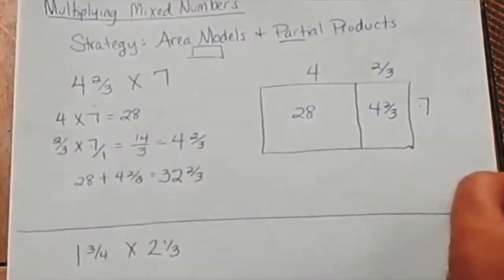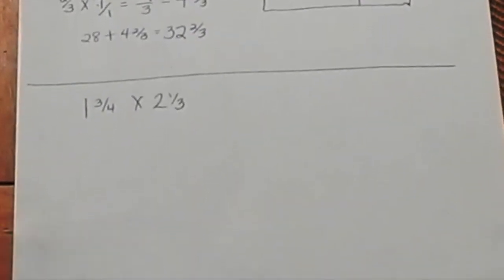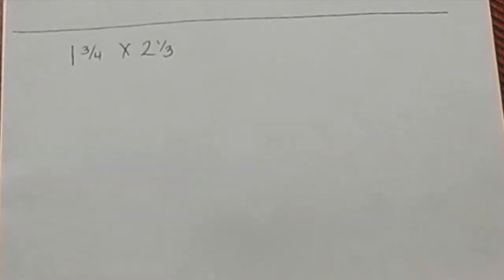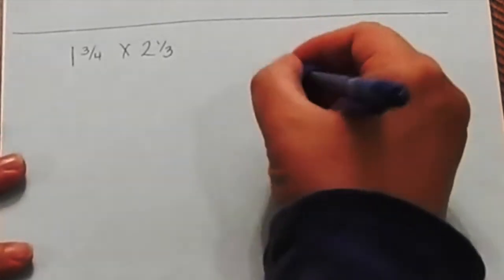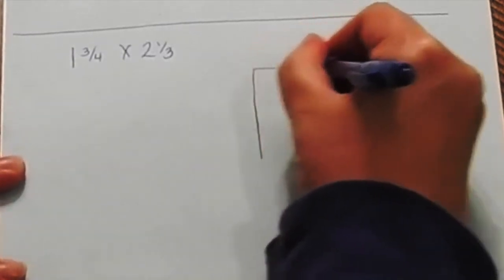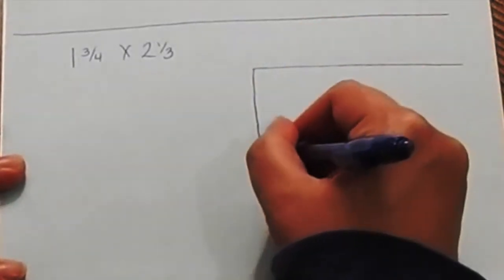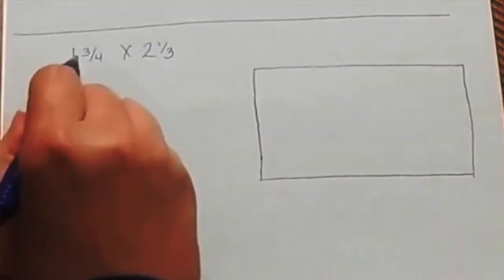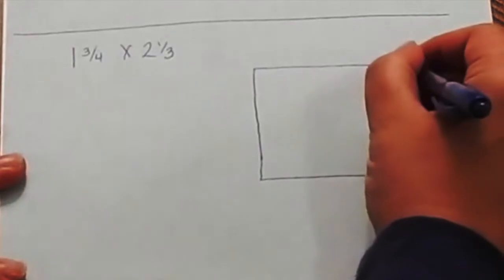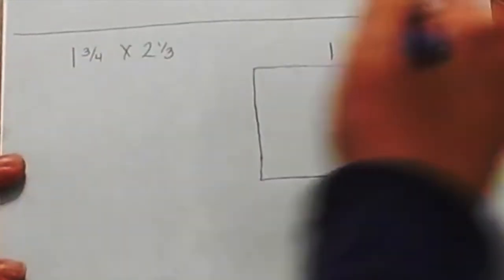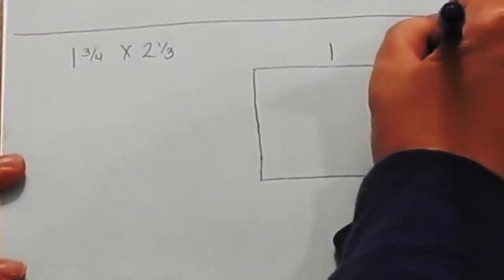Now, what if I have to do a mixed number times a mixed number? It gets a little bit more complicated, but it's the same exact strategy. This one, since it's a little bit harder, I'm going to actually draw out the area model first. So I'm going to break up the 1 3/4 into a 1 and 3/4.